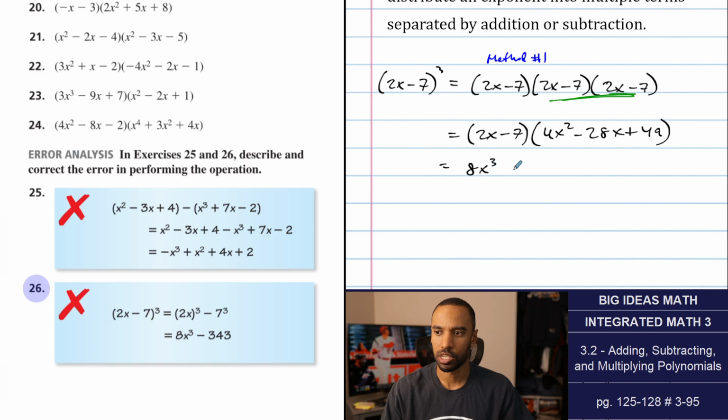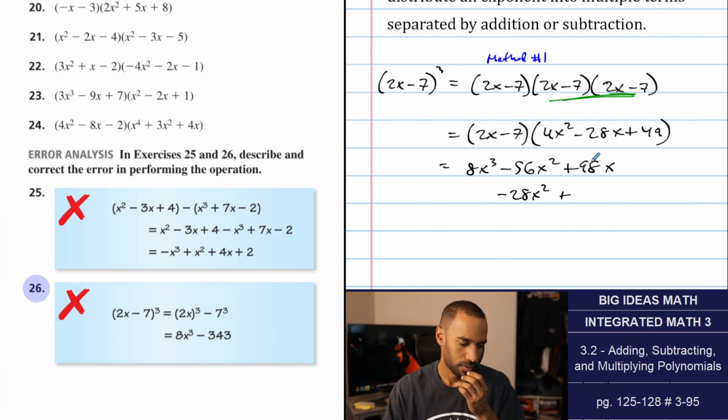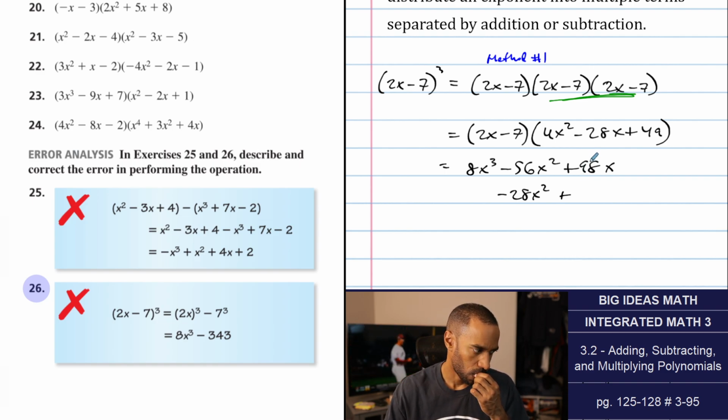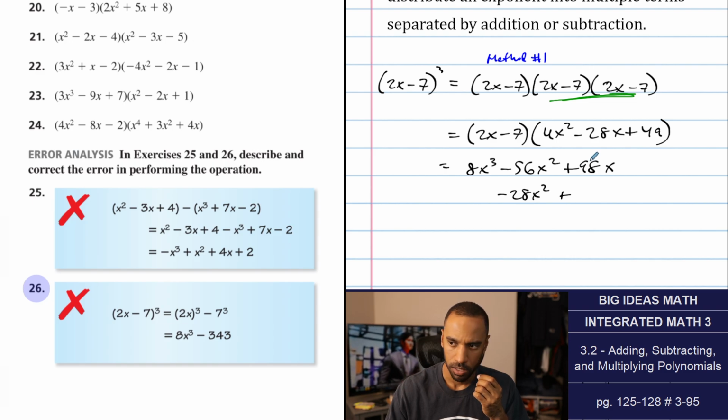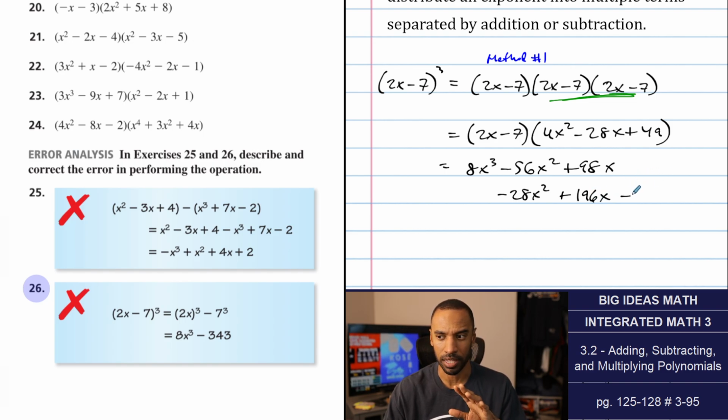So that becomes 8x cubed minus 56x squared plus 98x minus 7, minus 28x squared plus 56, 112, 168, 28, 196? I'll see if that's right when I get to the other one that I have to do. Minus 343. Minus 343.